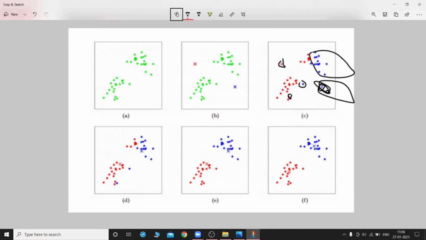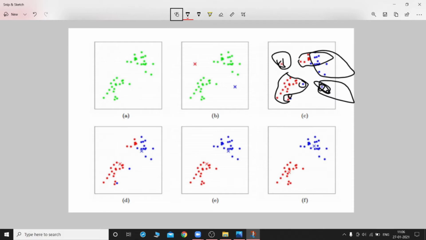Likewise, the nearest ones to the red one are automatically selected. So these are red colored data, which are now temporarily clustered as red and blue.